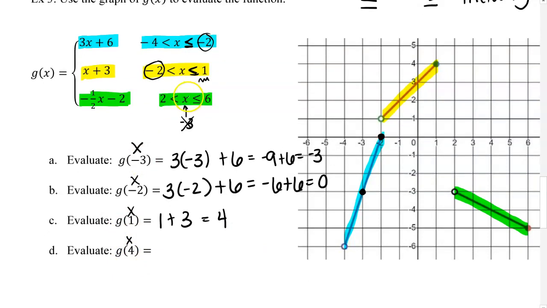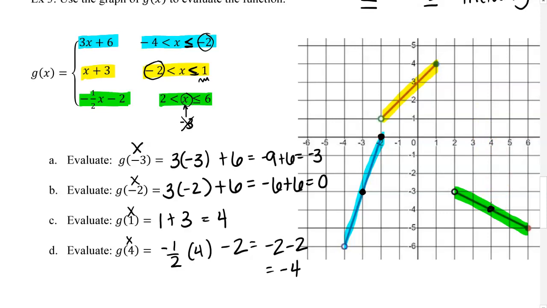X being 4 will fall into this range. 4 is bigger than 2 and less than or equal to 6. So I'm going to do negative 1/2 times 4 minus 2, which is negative 4. And I can see on the graph, if I find an x value of 4, the y value is in fact negative 4.